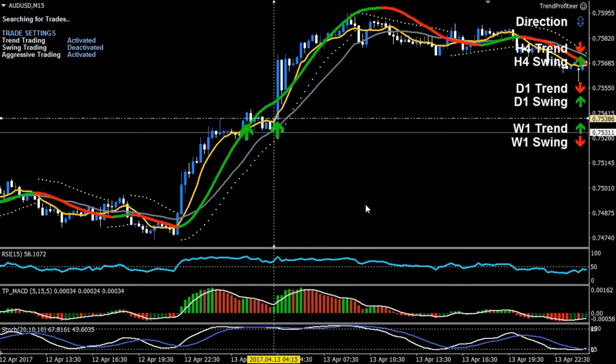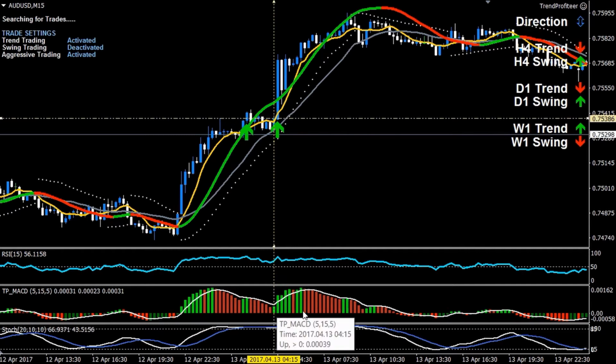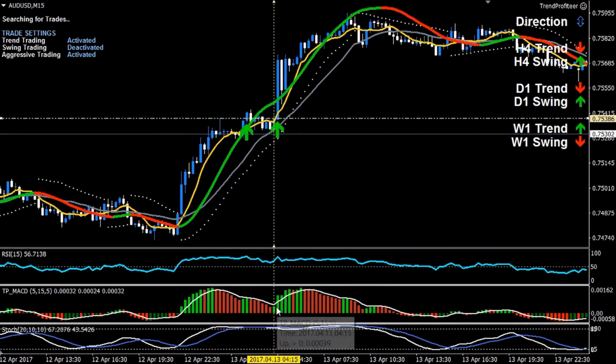That's all we need for an aggressive trend type. The RSI is above 50. And with the MACD, again, we have at least 2 consecutive red histogram bars above the 0 line, followed by a green histogram bar. Again, it doesn't need to be above the signal line, just as long as it's green and above the 0 line for an aggressive trend type.